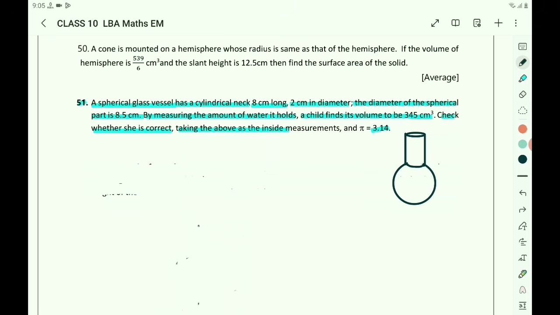Then for spherical portion, what is the diameter? For spherical portion, the diameter is 8.5 cm. Then radius is 8.5 by 2. Then you write, for cylindrical neck, R1.